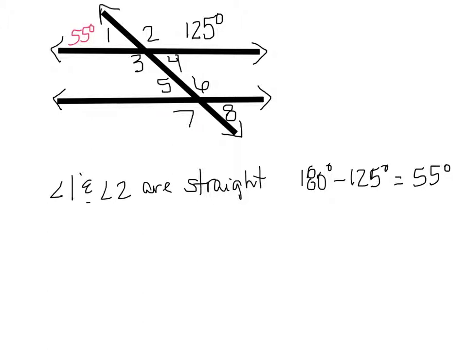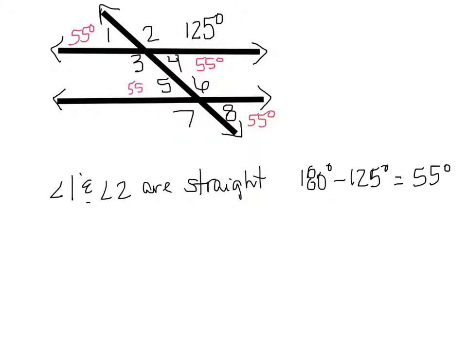Can I figure out any of the other angle measures? Is there another angle that measures 55 degrees? Angle 4. Angle 4 and angle 8. Okay, 55 degrees. Angle 8, 55 degrees. Hang on a second. Let's get angle 5.